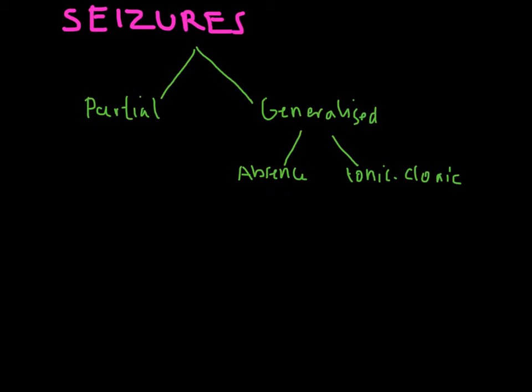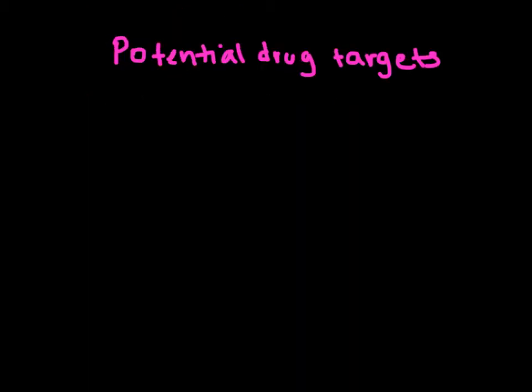And then the absence seizures, also known as petit mal, because it's very common in younger children, and the children generally stop the action that they're involved in, and they'll just stare vacantly for a few seconds with no motor disturbance. There are 4 potential drug targets that we can use.